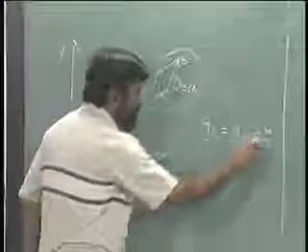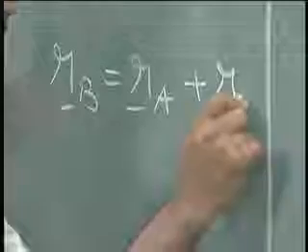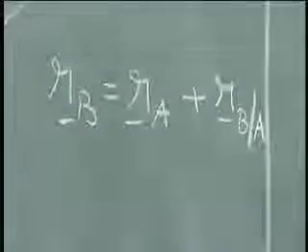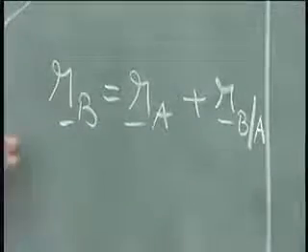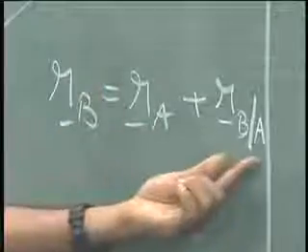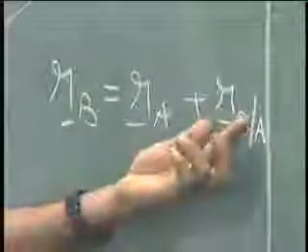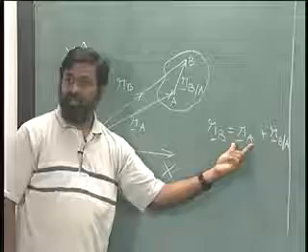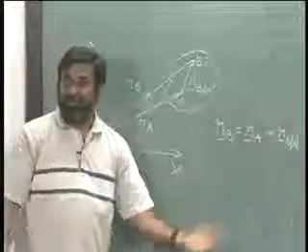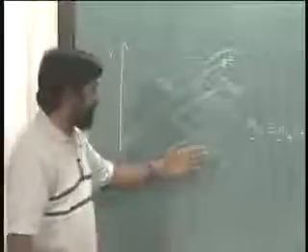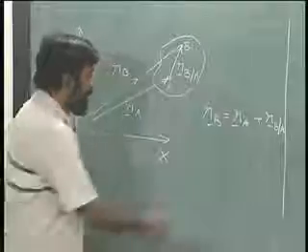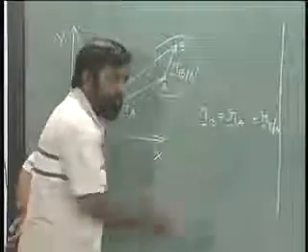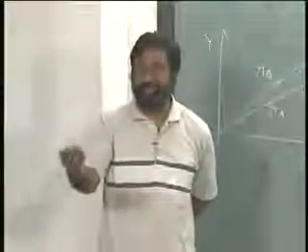So, I am going to write that over here, R of B with respect to A. So, we have written a relative position of any other point with respect to one of the reference points on the solid. Having done this, if I have to find out the velocity relationship between these, that should be simple. All I have to do is to take the time derivative of these.